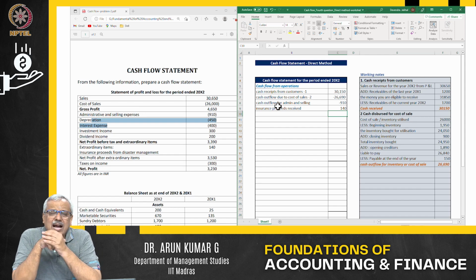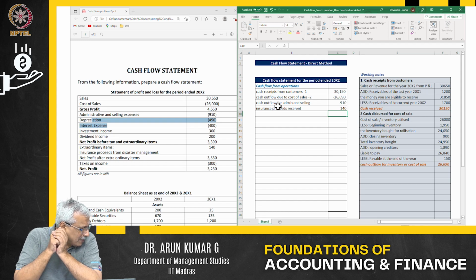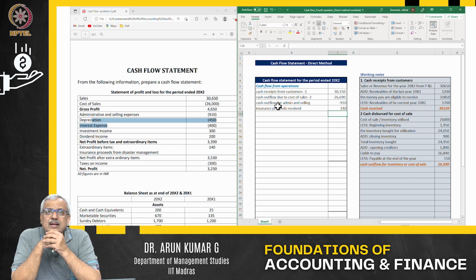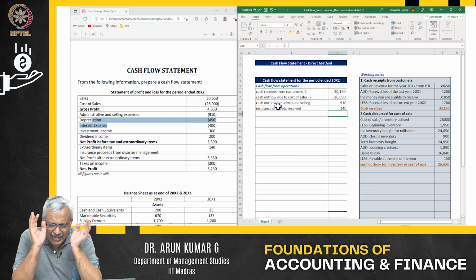So, what happens? I will consider in this particular case a cash outflow on tax as part of operations only, because normally, as indicated, these taxes pertain to the core activity.